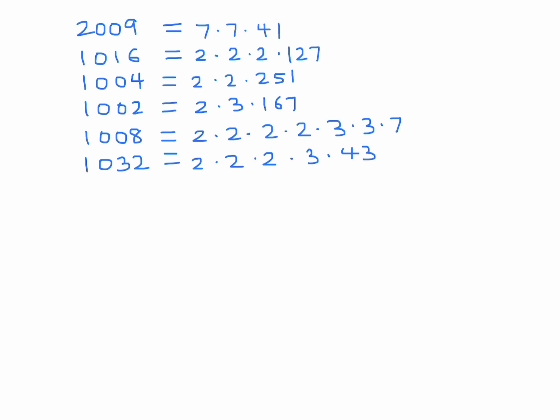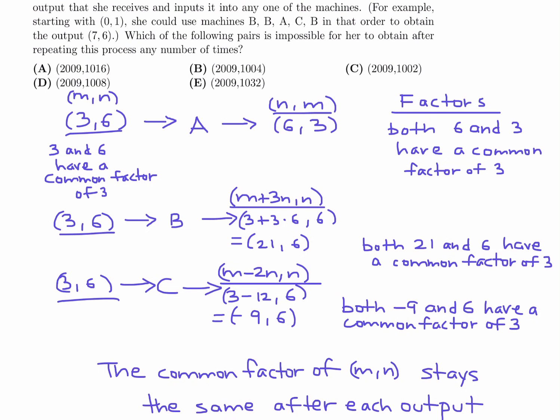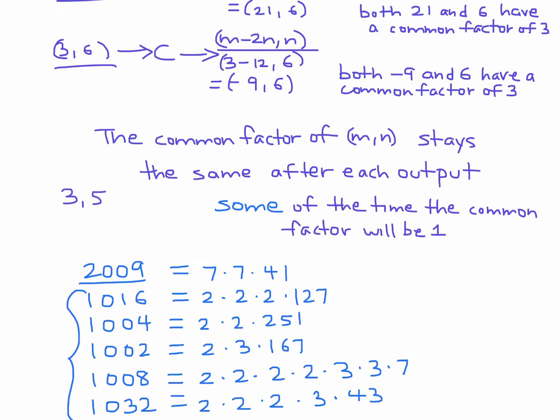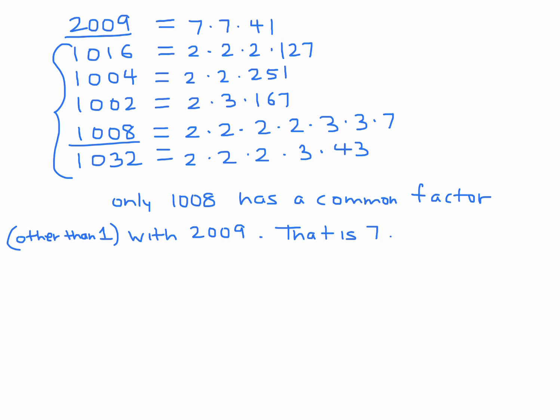And what I'm doing really is I'm comparing 2009 to any of these 5, right? Because if you look at our answer choices, 2009 has to be paired with one of those other 5. So that's what I really meant to say. The only of these 5 that has a common factor with 2009 is 1008.